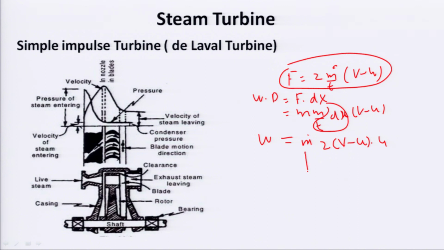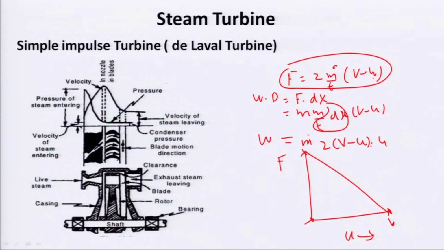If we plot it with respect to u, how the blade velocity is changing, what is the force, we see initially what is happening. When u is 0, force is going to be maximum, and when u is equal to v, force is going to be 0. And the work done, when u is 0, work is 0.